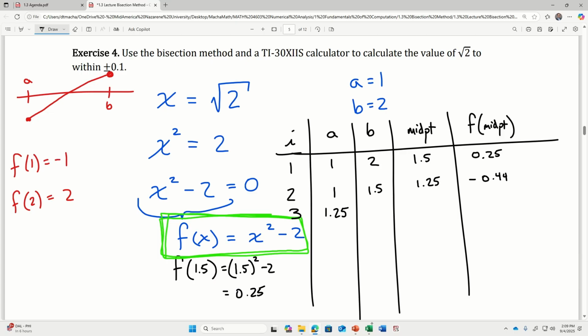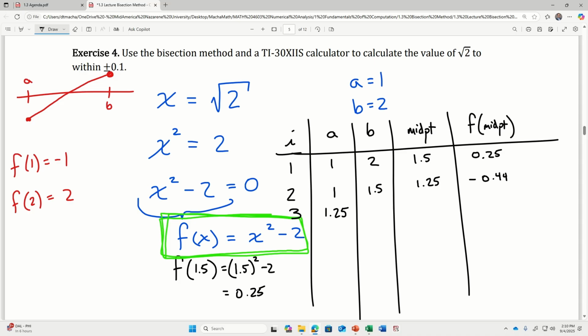1.25. Yeah. On each iteration of the bisection method, the midpoint either becomes your new lower bound or your new upper bound. In this case, since my function is increasing from left to right, then a positive value of my function at the midpoint is going to make the midpoint my new upper bound.